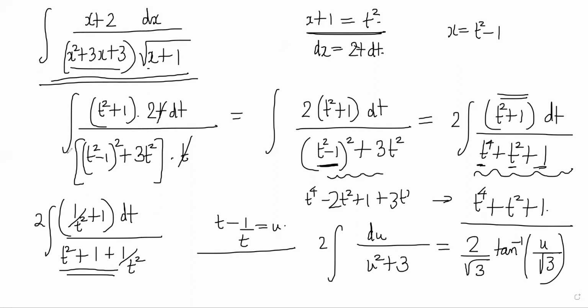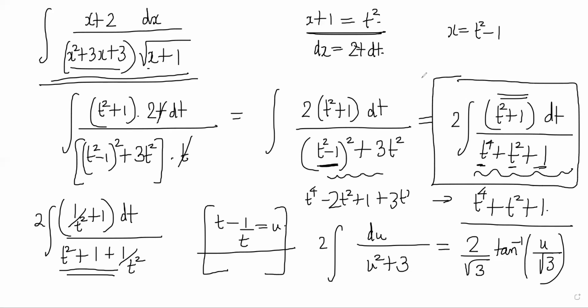You have to take t minus 1 by t as u. Obviously, all of this will come with a little bit of practice. It's not like it seems obvious to me, but you have to have seen such integrals before to be able to be sure.